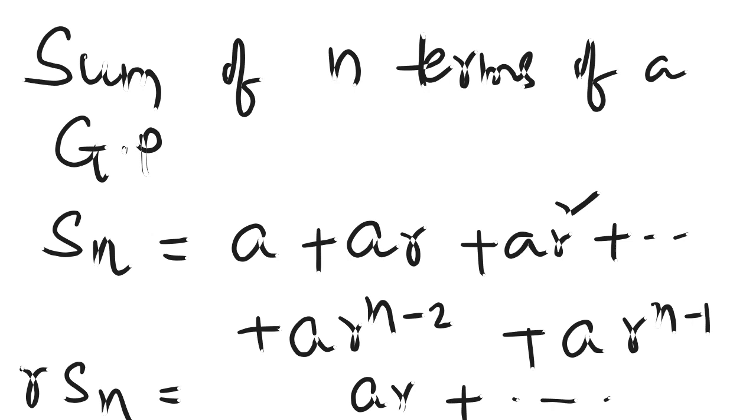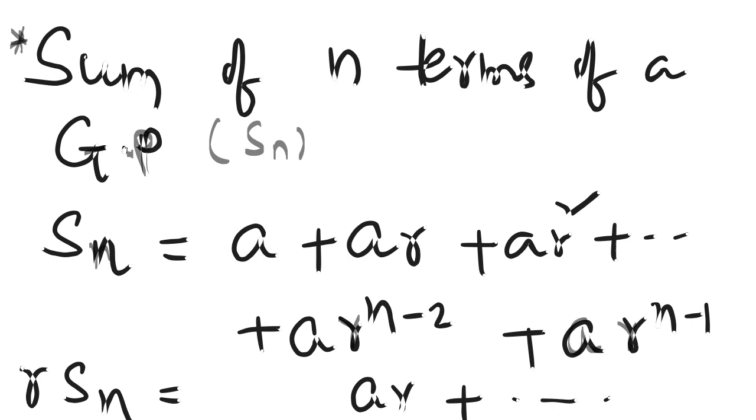The second important one is the sum to n terms of GP, S suffix n. S suffix n is the sum of all n terms: a plus a into r, plus a into r squared, and so forth, a into r to the power n minus 2, and the last one is a into r to the power n minus 1. This sum I want to find out.